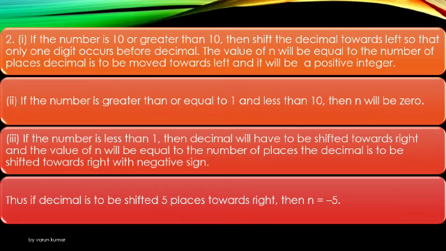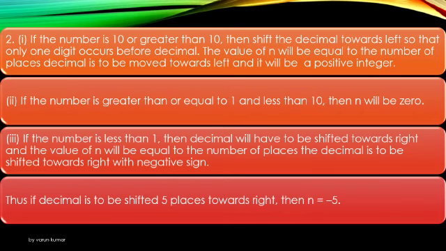Next, if the number is greater than or equal to 1 and less than 10, then n will be 0. If the number is already between 1 and 10, then n will be 0. Third, if the number is less than 1, then the decimal has to be shifted toward the right and the value of n will be equal to the number of places the decimal is shifted toward the right, with a negative sign.